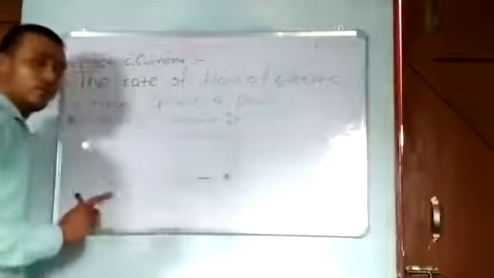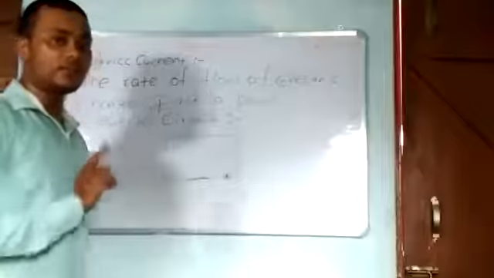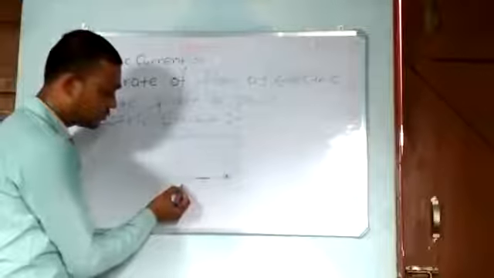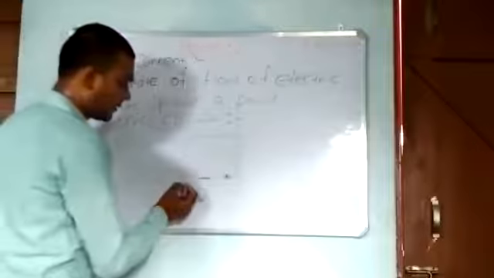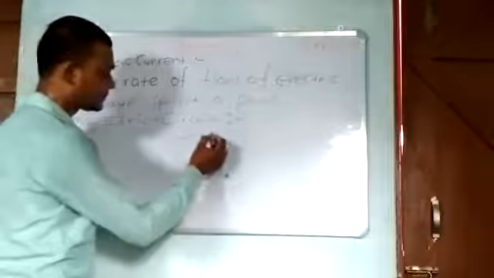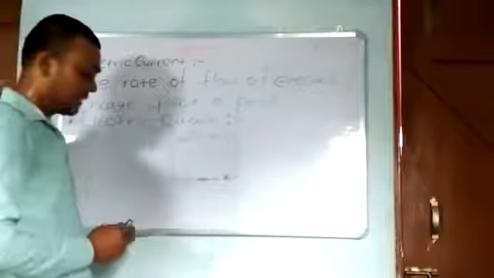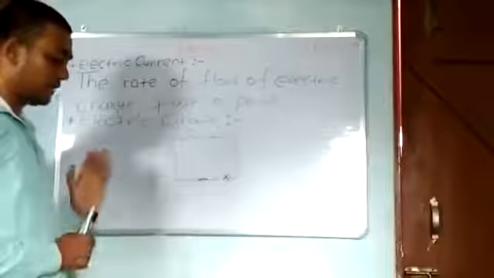So there is one fact. Electric current always flows from positive to negative terminal.